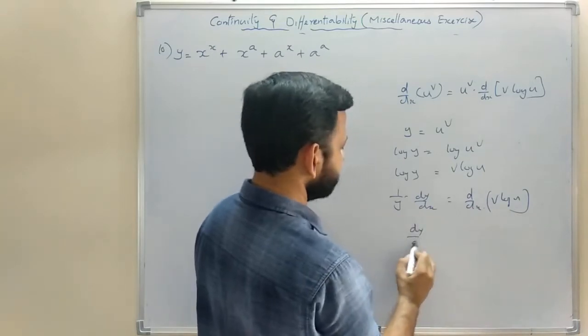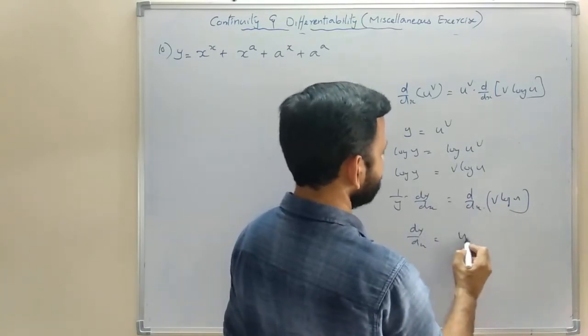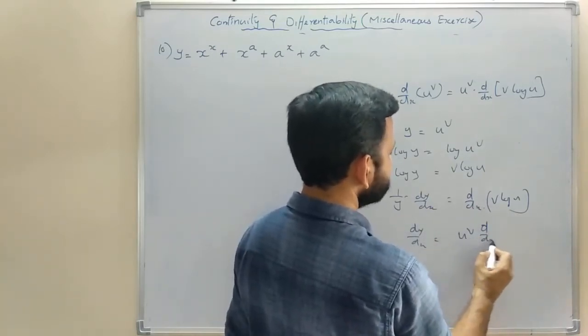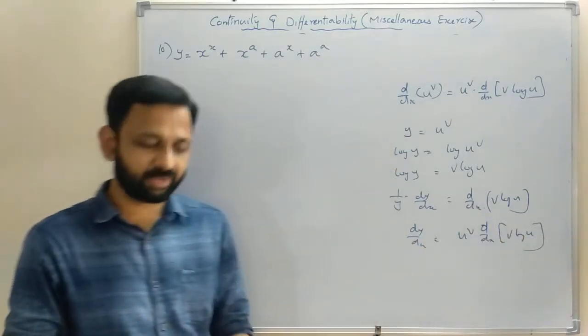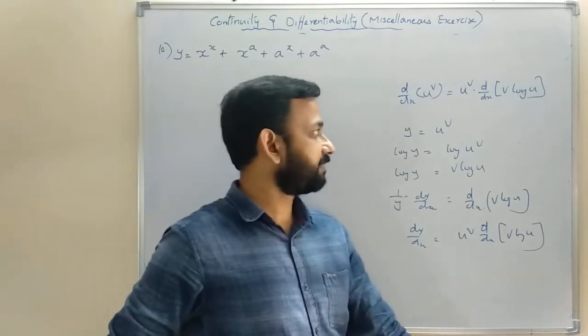Therefore dy by dx is equal to y into, that is u raised to v into d by dx of v log u. So that is the formula I already explained, derived in the previous class.